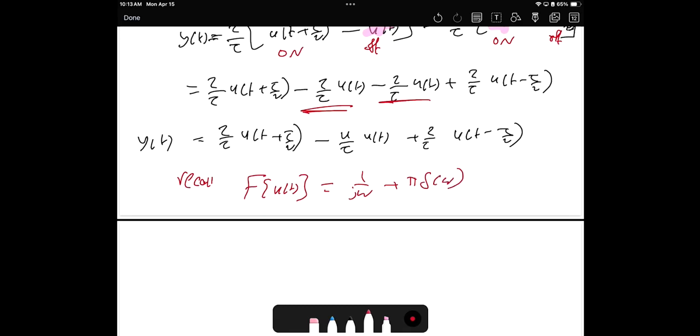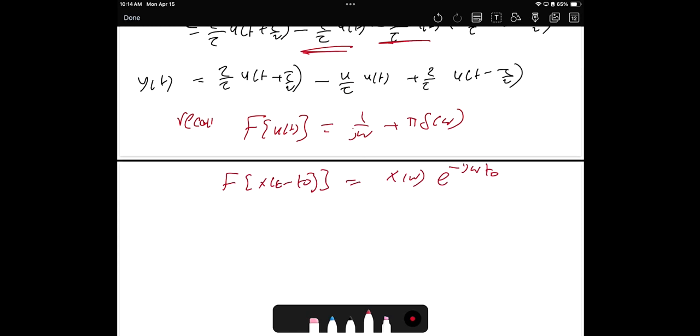And the other thing, recall that whenever you have x of t minus t0, this means X of omega times e to the power of negative j omega t0. So when we do the Fourier transform, we need to apply shifts for u. So what does this mean?